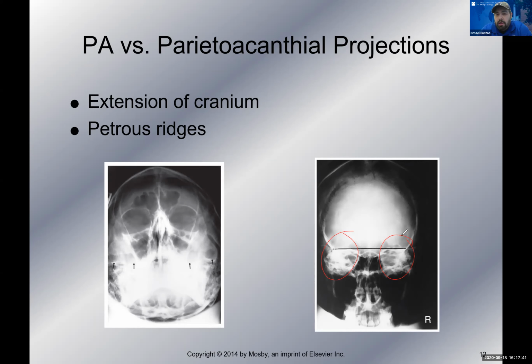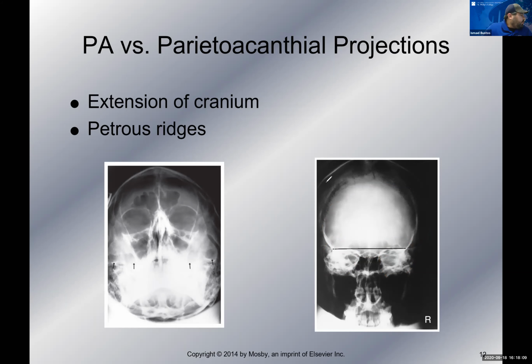On a straight PA projection, with no angle of the tube, the petrous pyramids fill the entire orbit. It doesn't give us a good view of the orbits, but it gives us the best view of the frontal bone. There are variations of the PA projection that help move those petrous pyramids and ridges away from the orbits. We'll talk about those later.